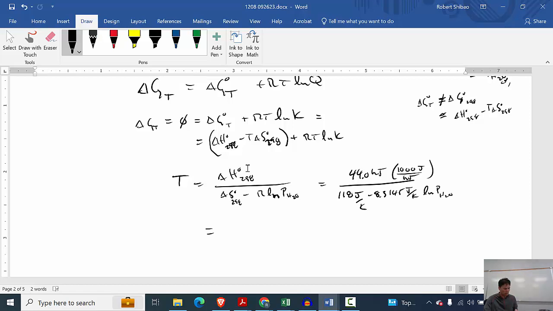So first I'll do the natural log. I'll just use my phone. 0.5 natural log, times 8.3145 negative, plus 118, equals, and then I'm going to invert that, times 44,000.